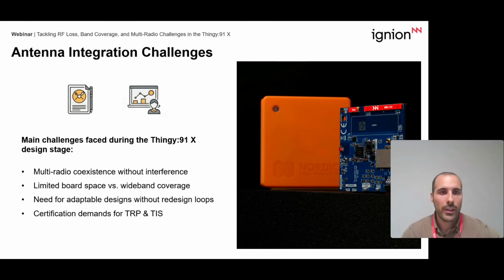In the end, finding the right balance between performance, flexibility, size, and compliance defines the main challenges in modern wireless designs, as these were exactly the ones we faced during the Thingy 91X antenna integration. So, having said that, let's jump directly now to review in more detail the Thingy 91X. I'm handing the flow back to Martin.